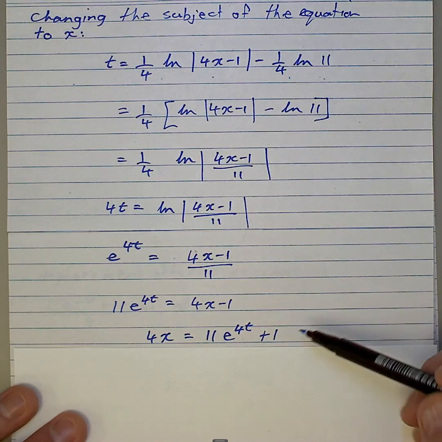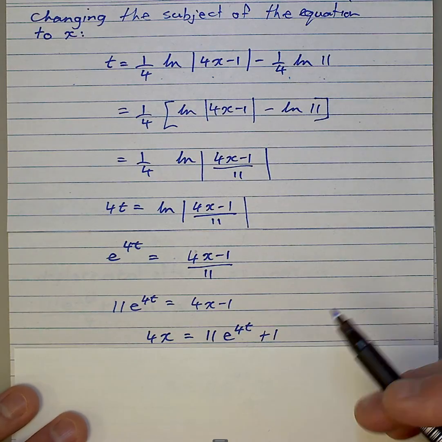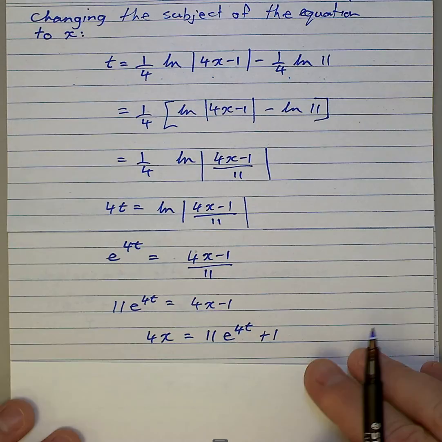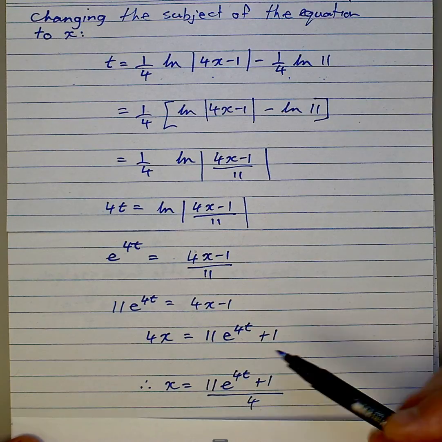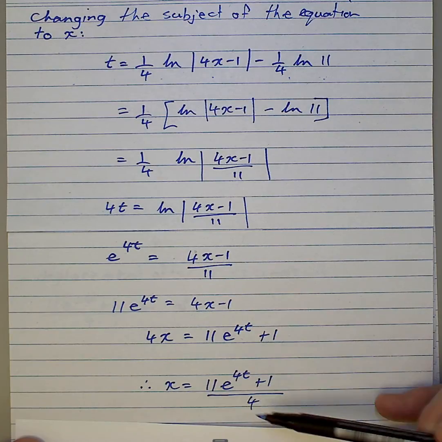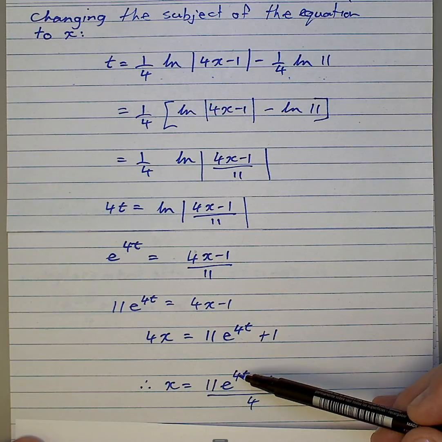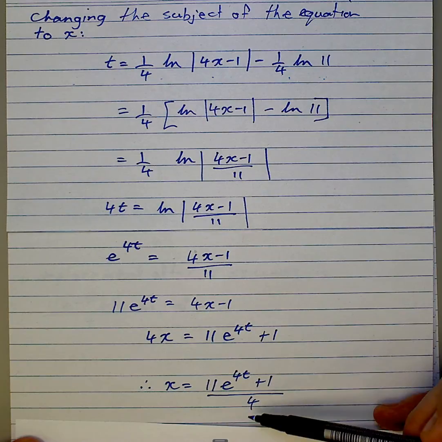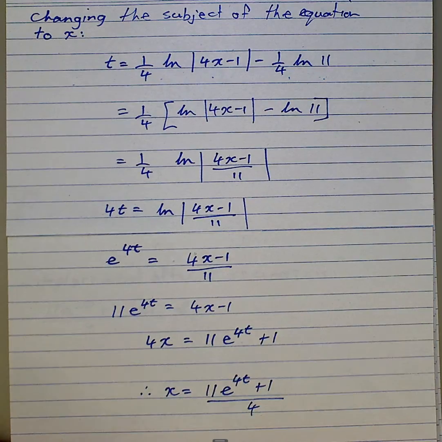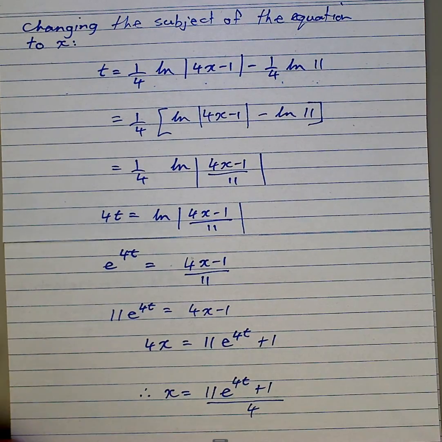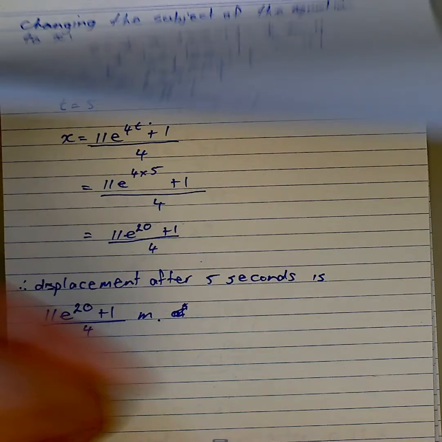I've just added 1 to both sides and taken 4x over to the other side. So I've swapped the sides, and therefore I can divide both sides by 4 to get x equals 11e to the 4t plus 1, all over 4. And that is what I was trying to do, to find the displacement formula.